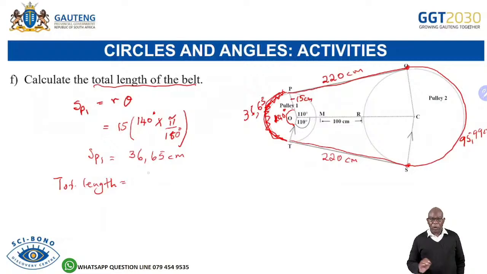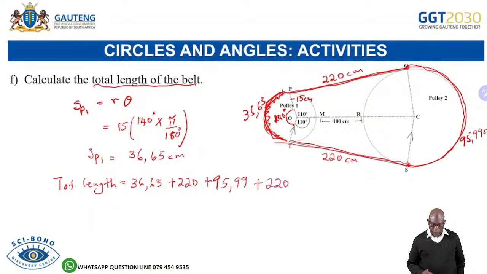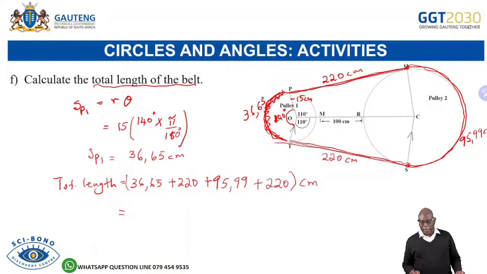Now the total length of the belt will be this side, which is 36.65, plus the 220, plus the 95.99, plus the 220. So all this in centimeters. So I can then add everything.